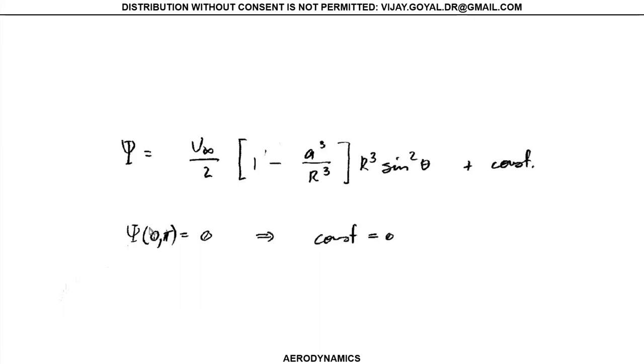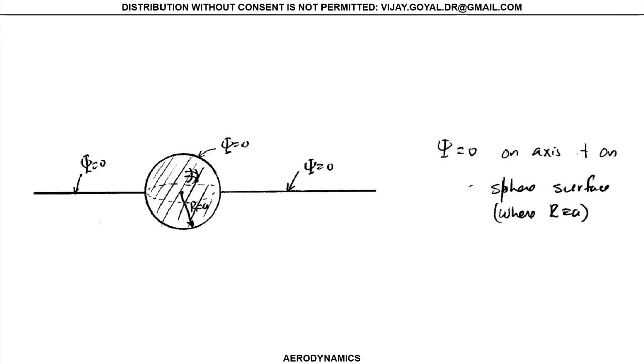To find the constant, you evaluate everything at r equal to 0 and theta equal to pi, let's say, and the function has to be 0. So when I put the 0 there, I get identically 0, so my constant is 0. So you can see that psi is 0 here, psi is 0 there, and will be 0 on the surface itself. That's how we define psi.